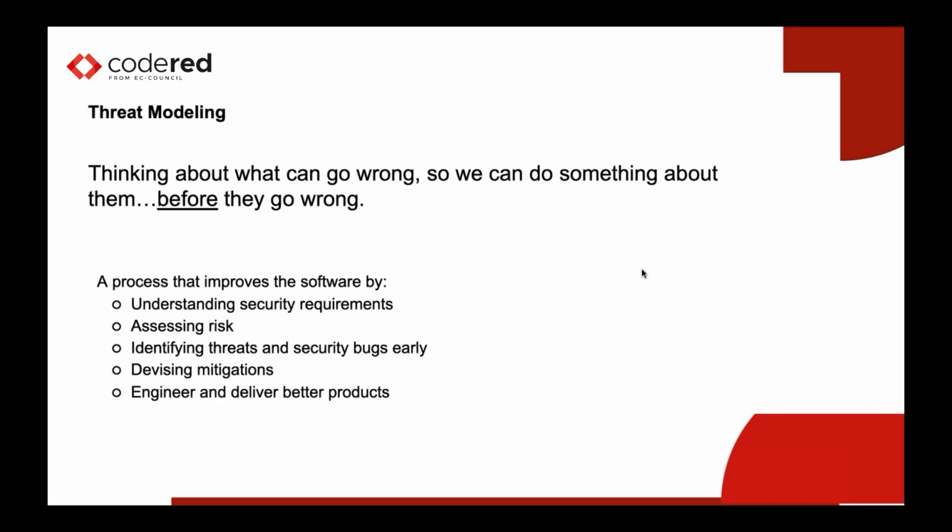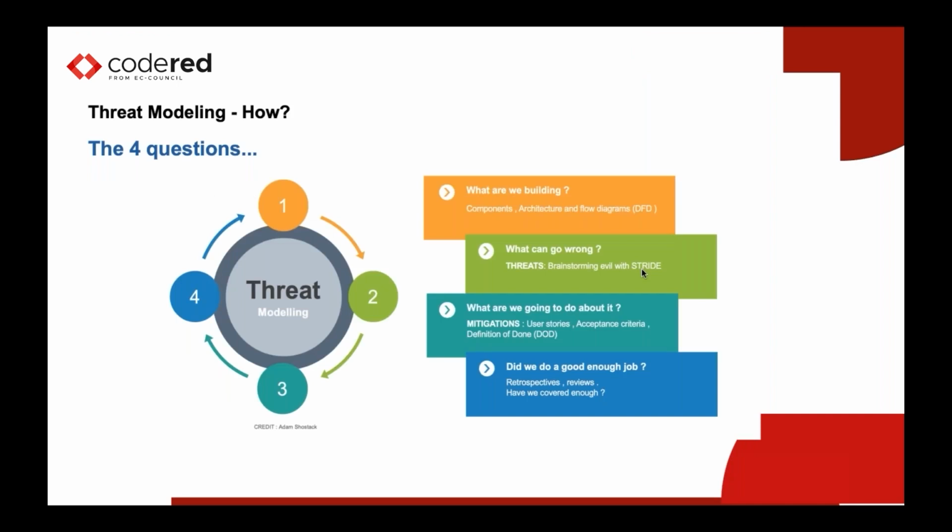So this is typically done even before one line of code is written, during the design phase. Ultimately, it helps engineers deliver better, more secure products. So how we go about doing it mainly comes down to asking 4 questions, as described by Adam Shostack.